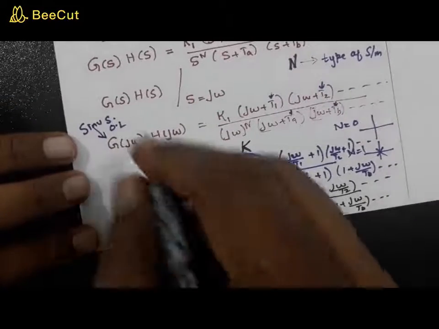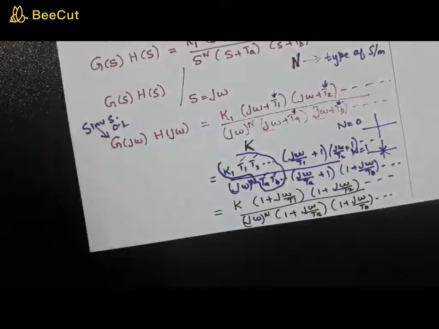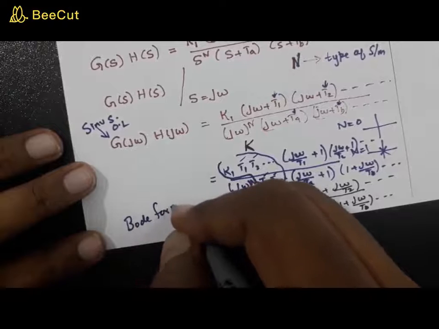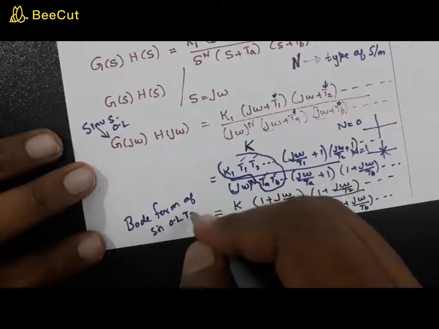This form of the sinusoidal open loop transfer function is what is called the Bode form of the sinusoidal open loop transfer function.